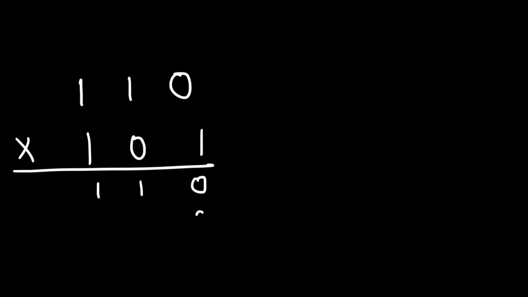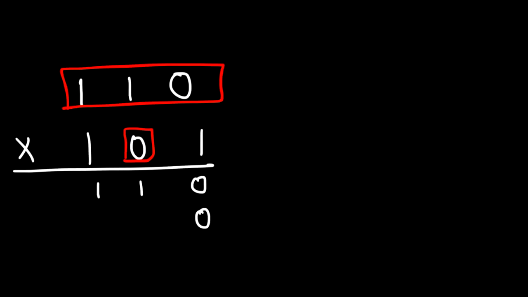Next, we need to add a 0 to access the next row. And so we're going to multiply 0 by what we see here. 0 times 110 is just going to be 0. Whenever you have a 0 here, just basically fill this row with zeros.